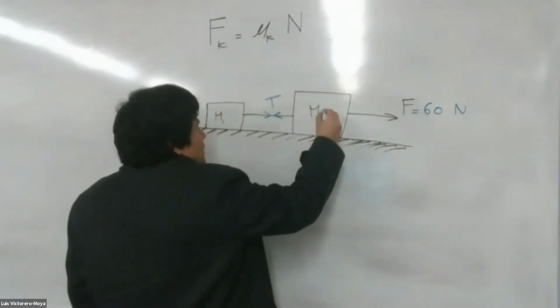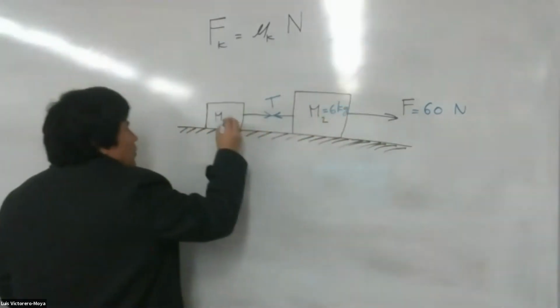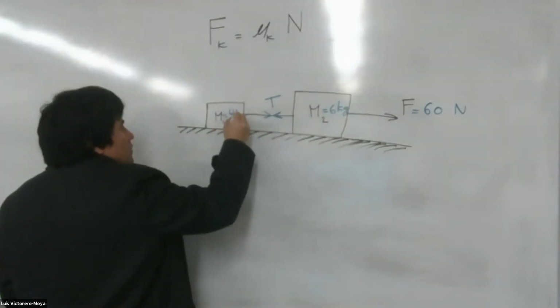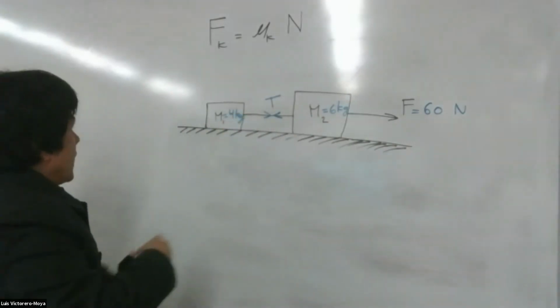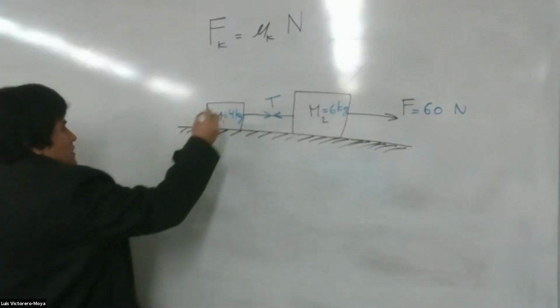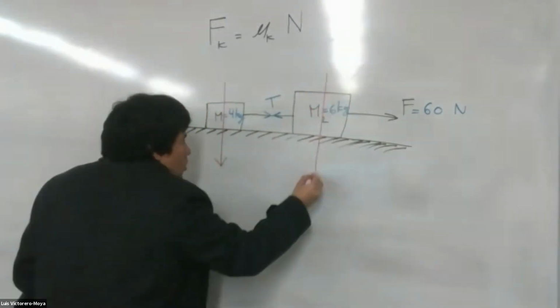I want to give this mass a value of 6 kilograms, and this one a value of 4 kilograms. The normals are basically the weights of these masses, because there's no other force acting on the y-axis, only this.